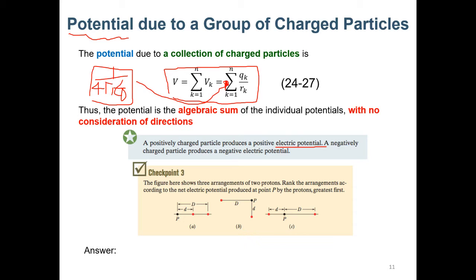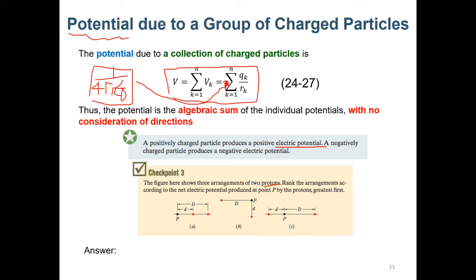The figure here shows three arrangements of two protons. Rank the arrangements according to the net electric potential produced at point P by the protons, greatest first.